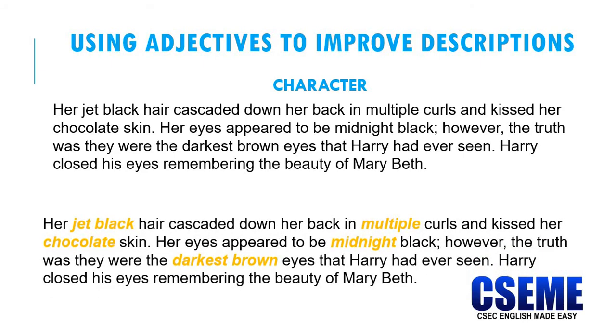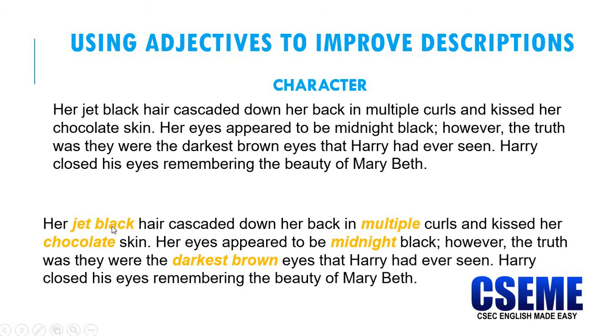Now, in looking at the same paragraph, we can see the adjectives that are used to describe the various nouns in the paragraph. So, her jet black hair. Jet black is used to describe Mary Beth's hair.